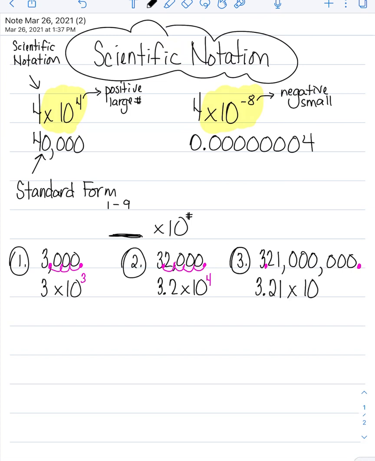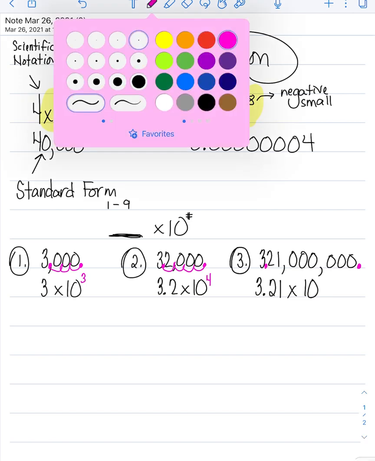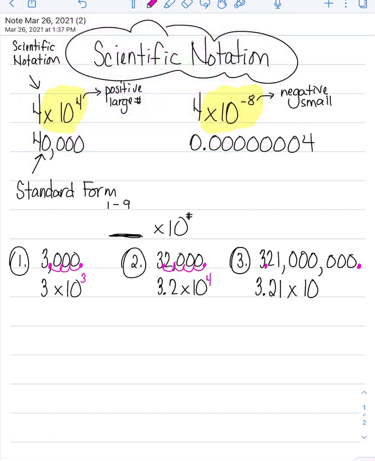We always are going to have times 10, and the number of spaces we move is our exponent: 1, 2, 3, 4, 5, 6, 7, 8. And since it was a big number, it's going to be a positive 8. So 3.21 times 10 to the positive 8 power. Let's do one more like this.